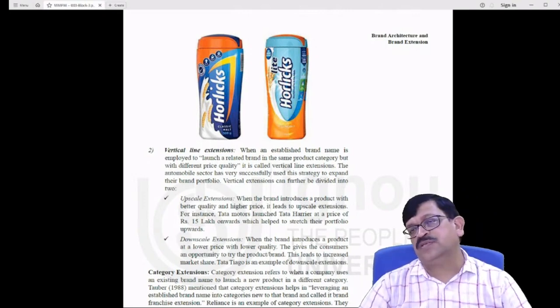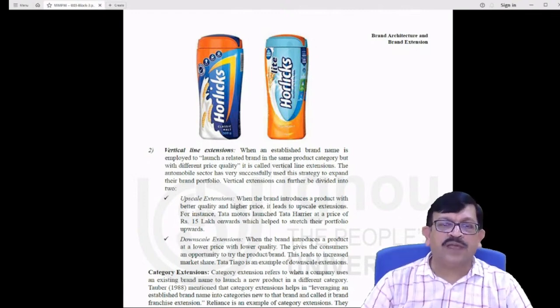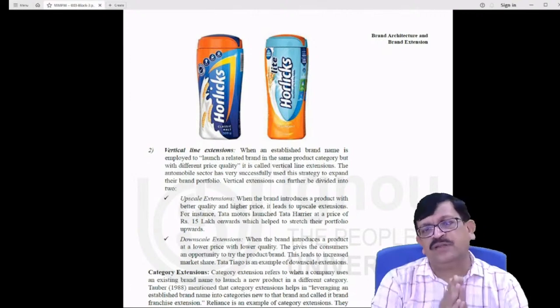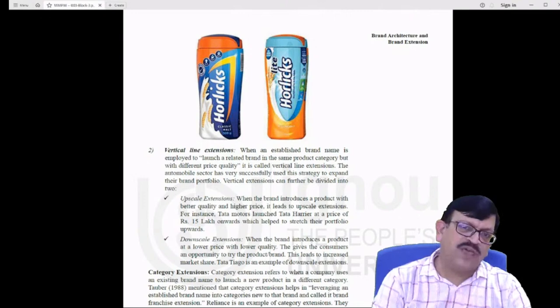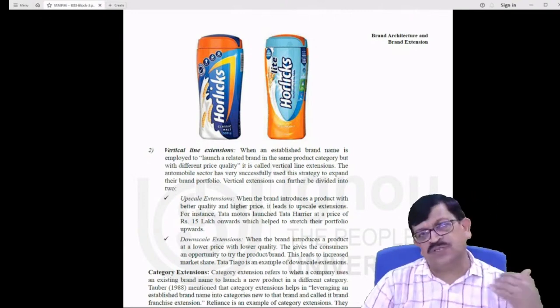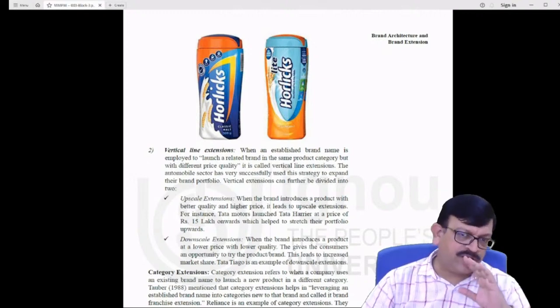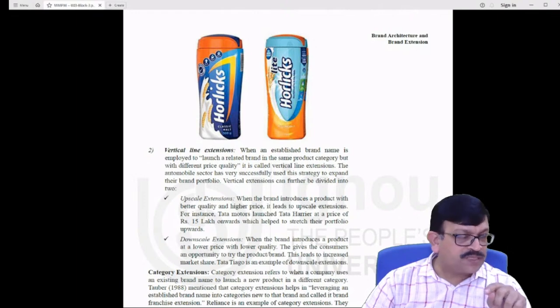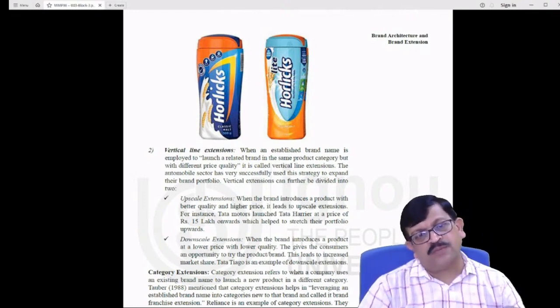Upscale extension, as the name suggests, means you are trying to give even more quality at a higher price by factoring in a few features or benefits which the customer is looking for. Of course, you pitch it at a price above the earlier option. Here we also need to know the price sensitivity of the brand, whether the brand is actually being accepted by the person or not.